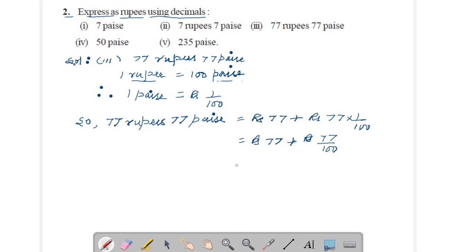Convert it into decimal. This can be written as rupees 77 plus rupees 0.77. Then add it. We will get rupees 77.77. This is your answer.